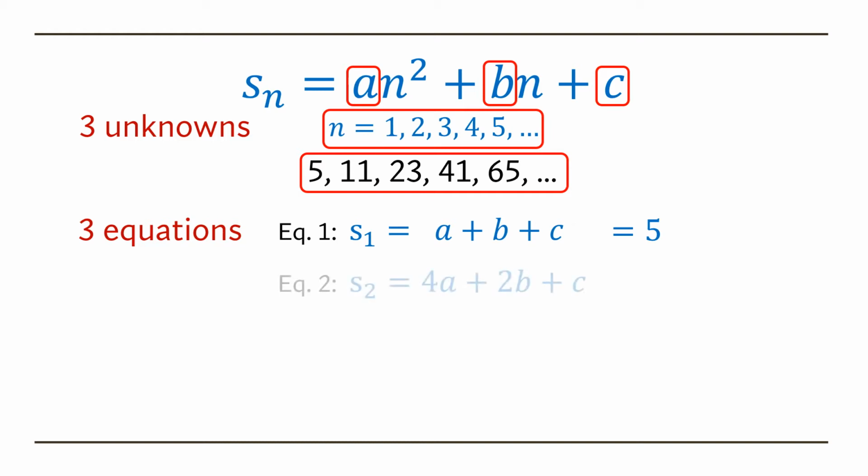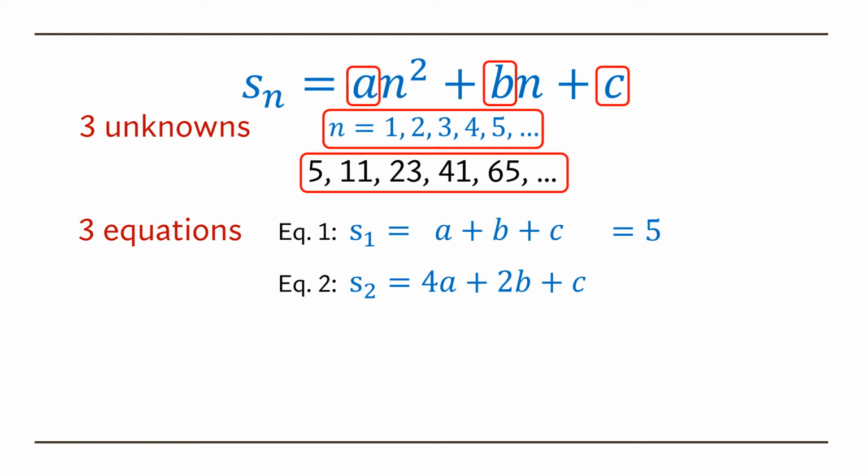Okay, let's go on. The second equation, S sub 2, n is equal to 2. So we go up to the equation, we say n squared, which would be 2 squared. 2 times 2 is 4. So 4 times a is 4a. Plus, we plug in n is equal to 2, b times 2 is 2b, and plus c.